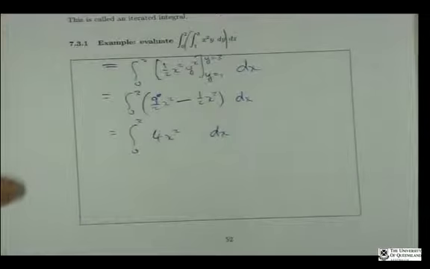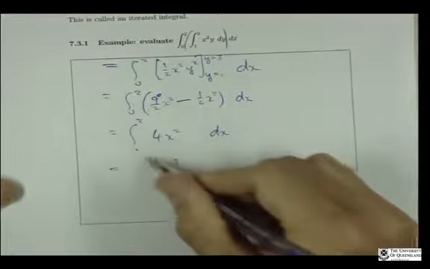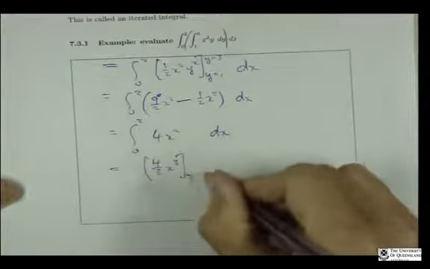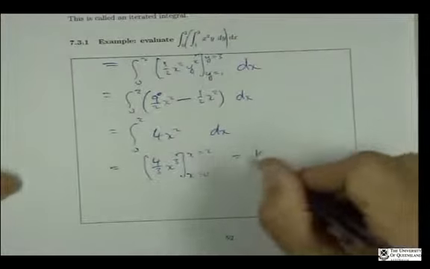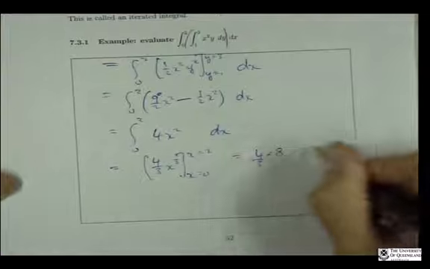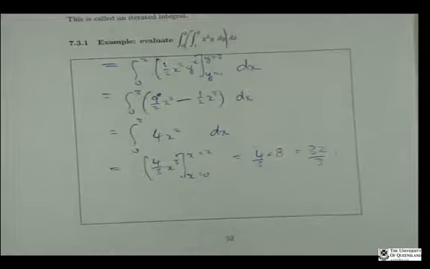So now it's just a definite integral of a function of x. Okay, so this is just 4/3 x cubed, evaluated from x equals 0 to x equals 2, which is 4/3 times 8, 32 on 3. Okay, so that's another thing to point out.